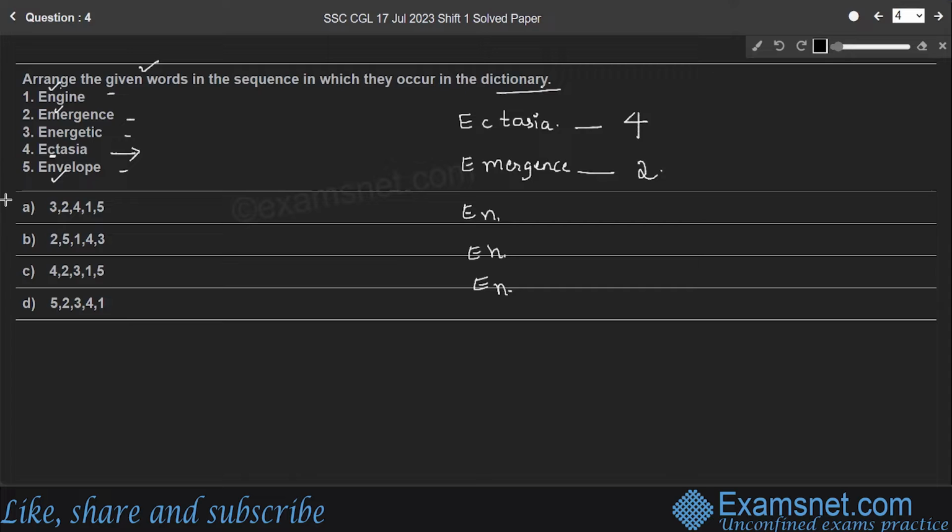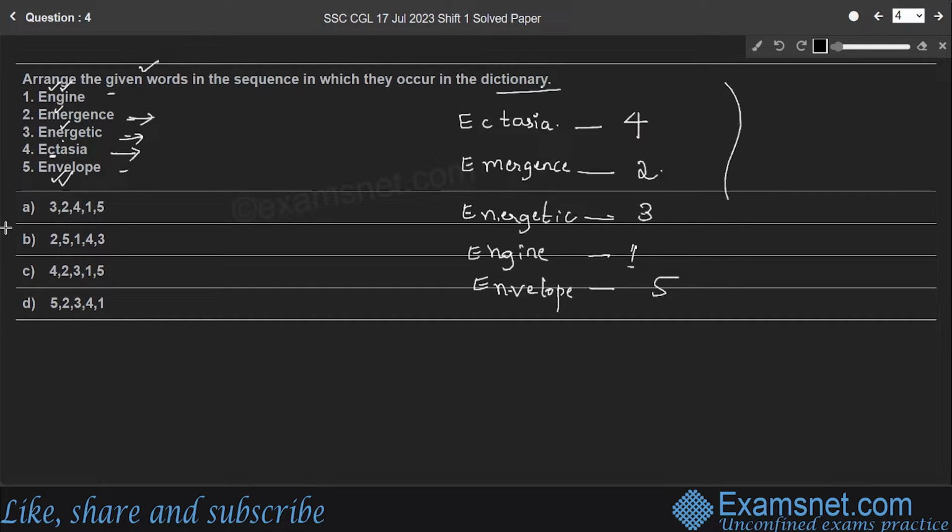In the first one G is the third letter, in the third one E, and in the fifth one the third letter is V. So E comes before G and V, therefore energetic will be the third word according to the given order. After energetic, E, G comes, which is engine, the first word, and envelope will be the last word.